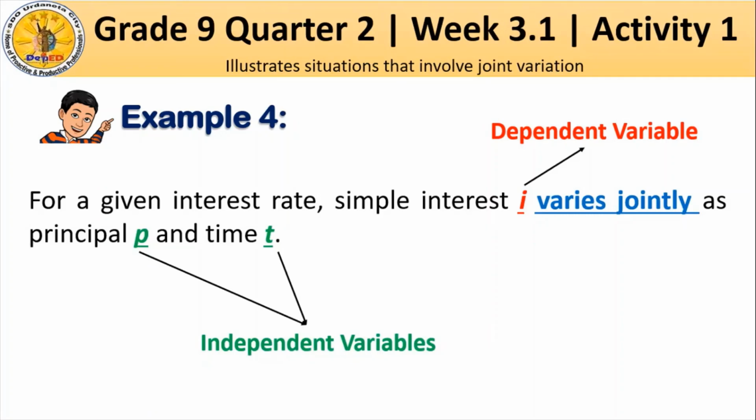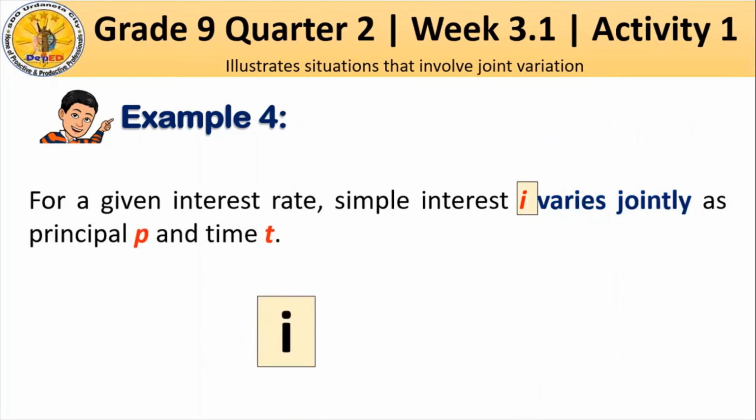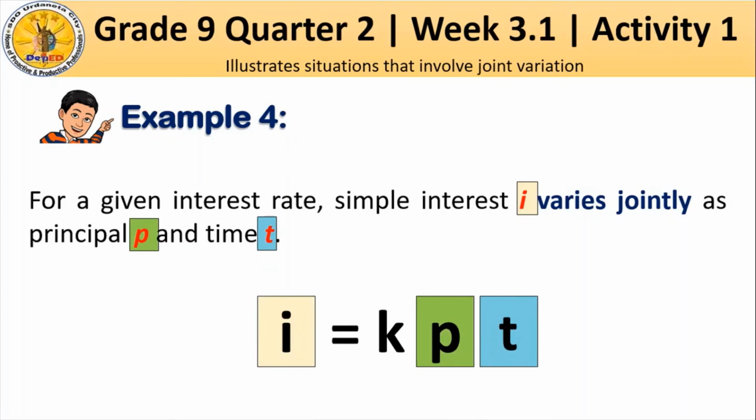To translate this into variation equation, we have I is equal to K P T. Remember that K is the constant of variation.